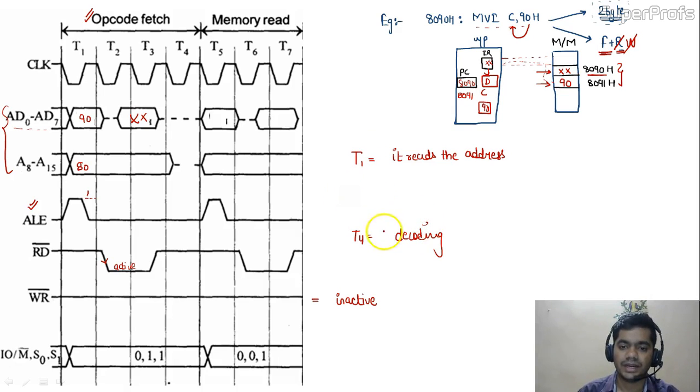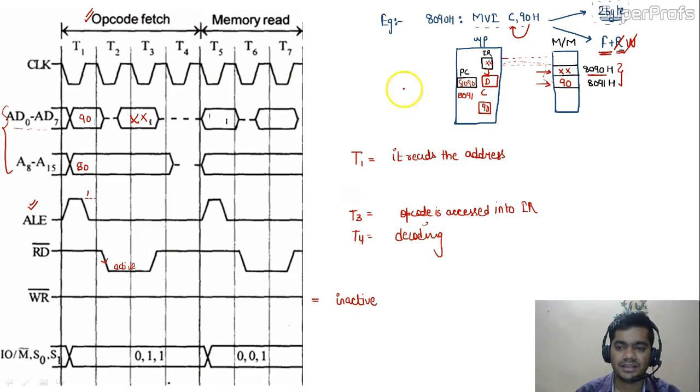And in the T3 T state, the opcode is accessed into IR. So this data is latched to IR, and then in T4 decoding would be done. So up to T4 T states, the whole operation is opcode fetch.